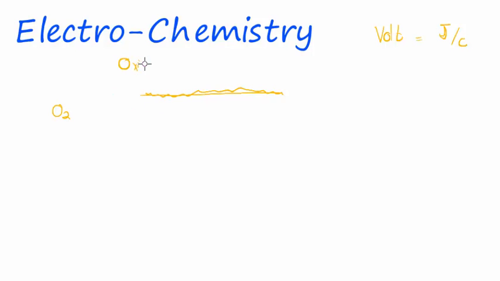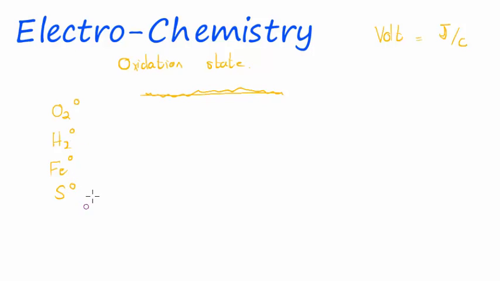So there's an oxidation state of 0. So pure elements like oxygen or hydrogen or iron or sulfur, or whenever I just look at a pure element that's just by itself, its oxidation number is 0.